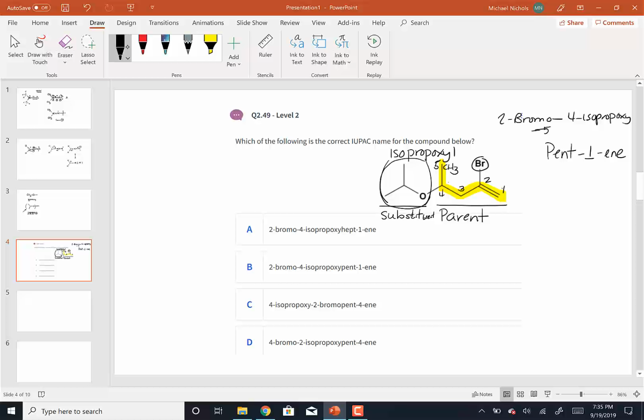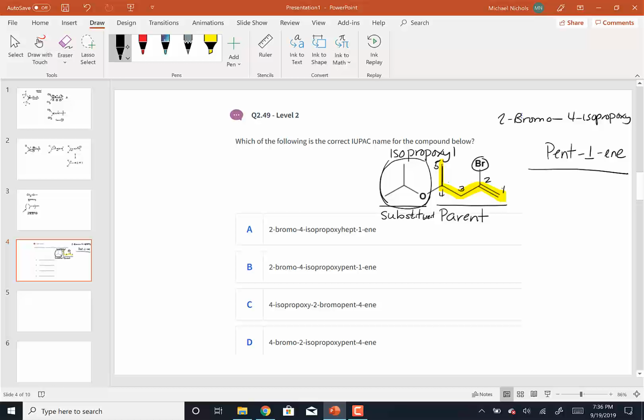I just made a mistake. I just showed you something wrong here. That methyl group isn't a substituent. That methyl group is part of the longest chain. So my name's done. I have a 2-bromo, 4-isopropoxy, pent-1-ene.